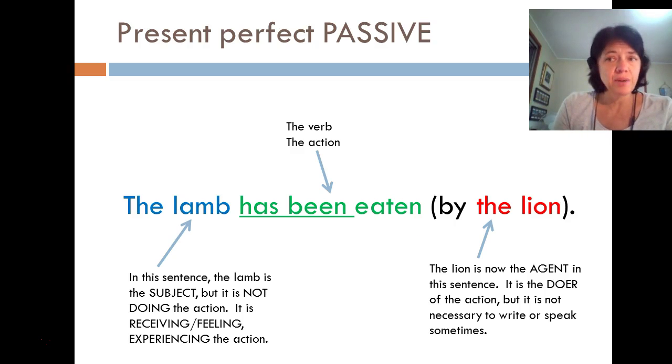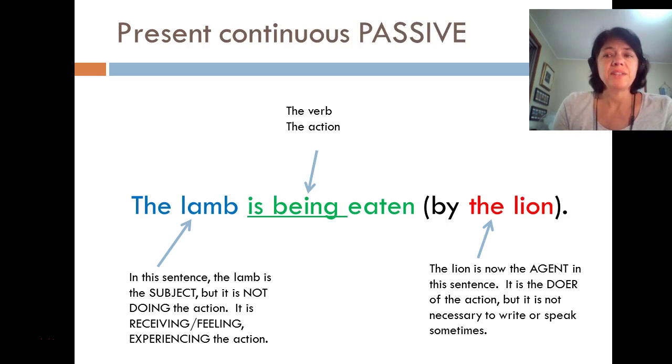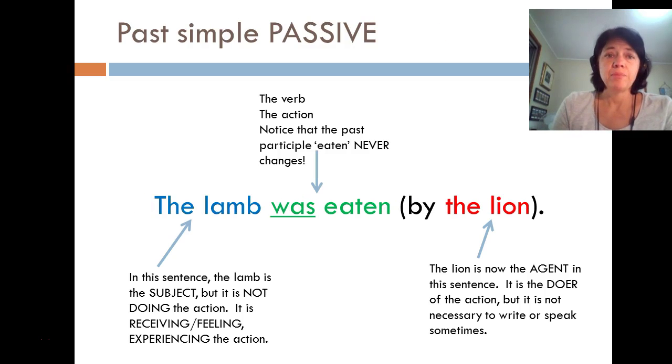That was present perfect. Present continuous, the lamb is being eaten. Past simple passive. The lamb was eaten.